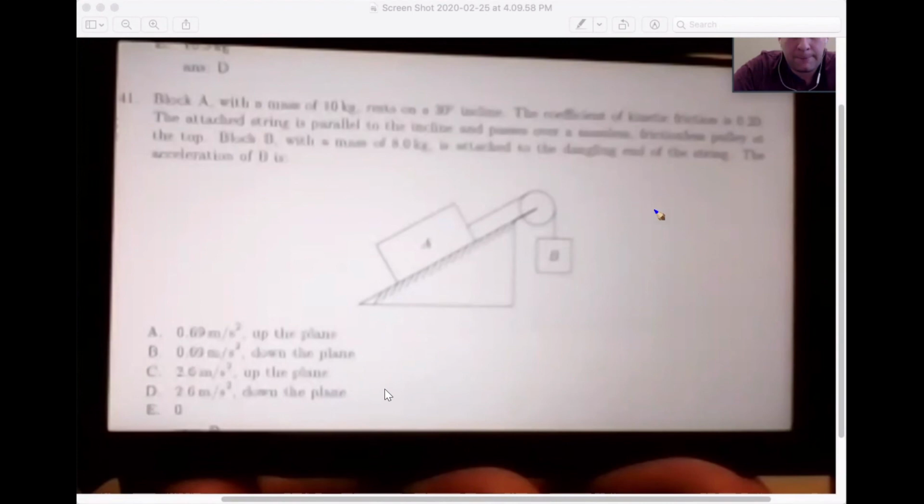So you can use the black box trick we discussed and write the acceleration as F net external over M total.